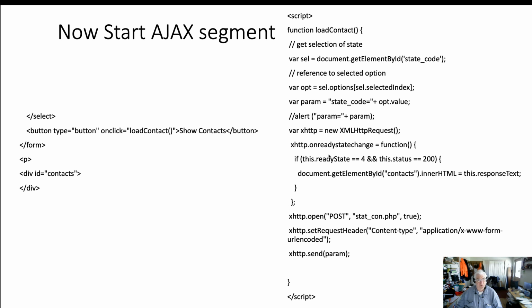So all that was what to do on the change. Now we're down to, we're going to open as POST a file called statecon.php, true, we're going to do it asynchronously. We're sending the header information, and we're sending our parameter, which we created up here. The end of the script.